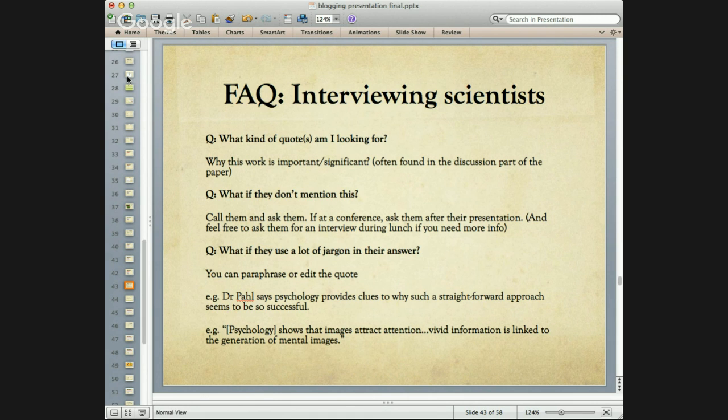The next question is, what happens if they use a lot of jargon when they respond to you? Because obviously jargon in a story is the antithesis of what you're going for. You can always paraphrase or edit their quote. You can see an example here of a quote that someone had said that wasn't so straightforward. You can put things in square brackets to add words that weren't said.